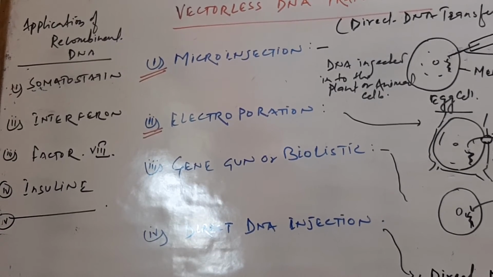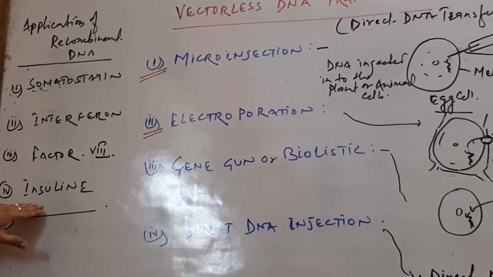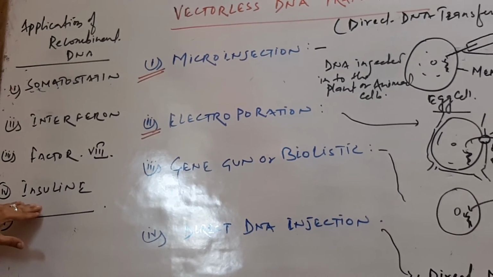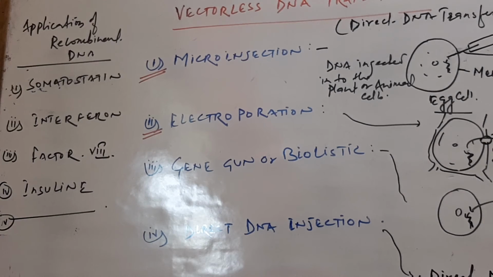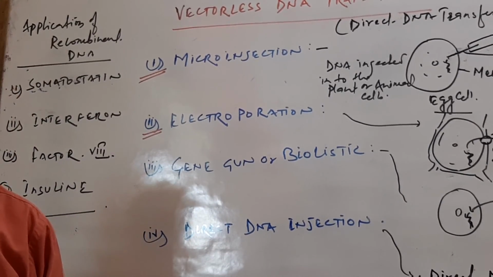Finally, insulin is a major protein which helps maintain the glucose level. If its level in blood is deficient, it leads to hyperglycemia and the person becomes diabetic. Insulin is formed through genetic recombination technology with the help of bacteria. This is all about the tools and technology of the biotechnology process.